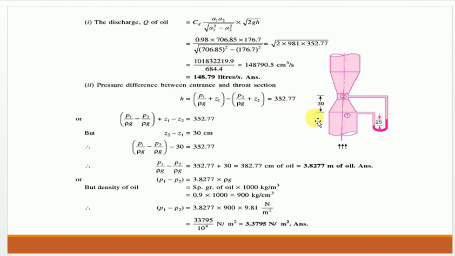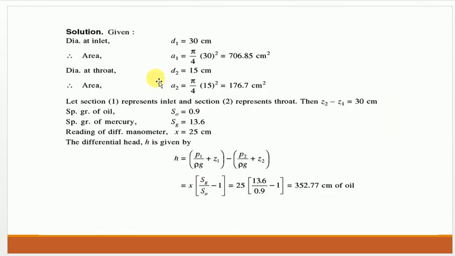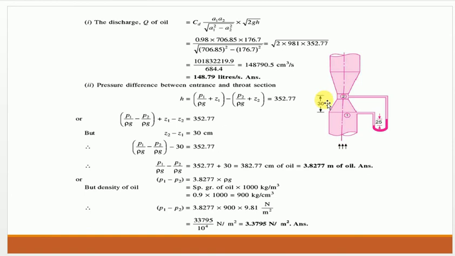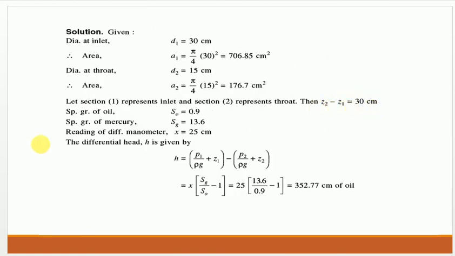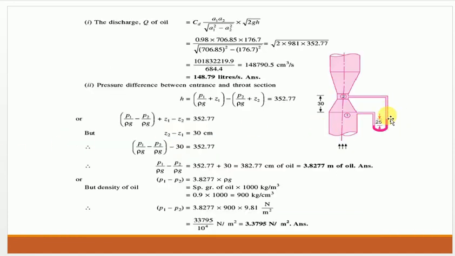Z2 minus Z1 is 30 cm, so 30 minus 0 is equal to 30 cm. The specific gravity of oil is 0.9, the specific gravity of mercury is 13.6, and the reading of the differential manometer, the deflection, is 25 cm.